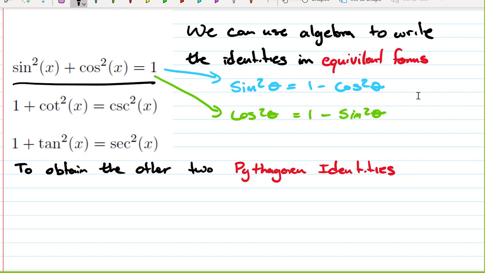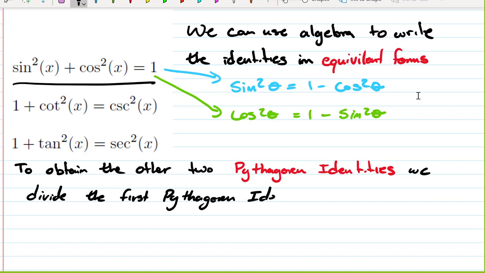To obtain the other two Pythagorean identities, we divide the first Pythagorean identity by sine squared x and cosine squared x.